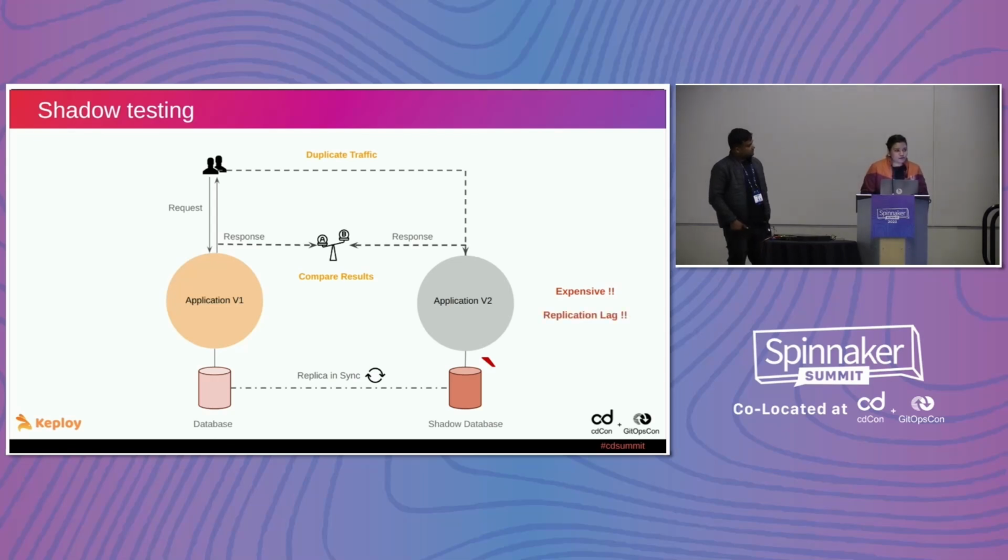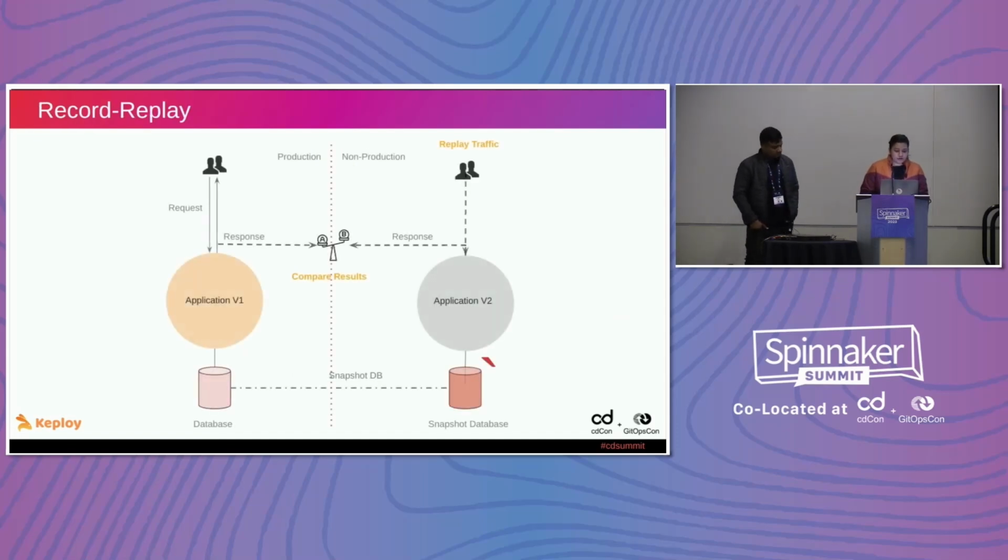So we thought of doing it not in real time but later on. We put that same setup in a non-prod environment. We created a snapshot database in a non-production environment and connected the new version of the application to that. Now, when you replay the traffic, again, you need to set up the pipeline, which is operational effort, and that's okay.